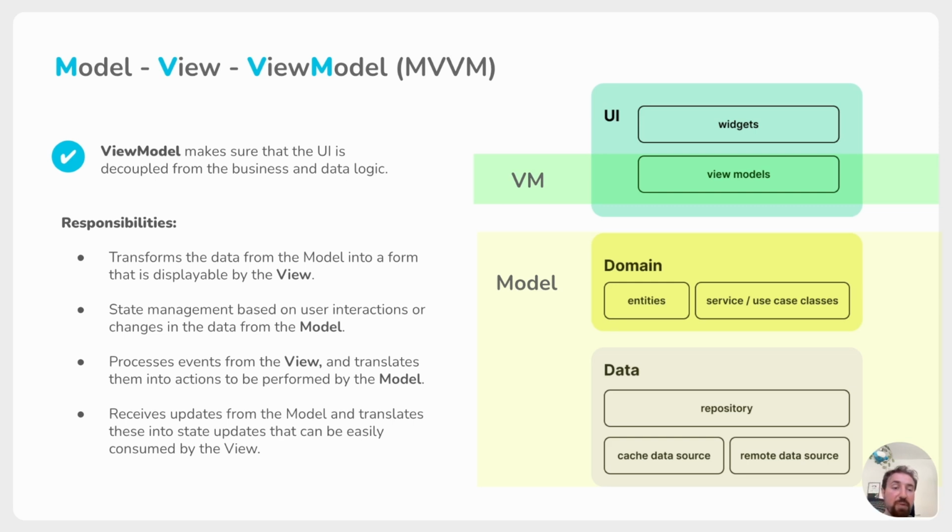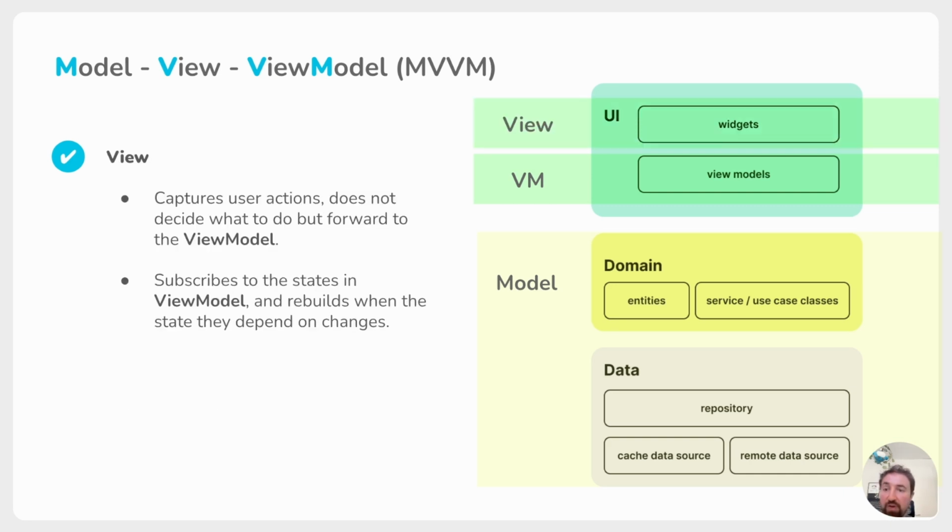These actions will be performed in the model. It also receives updates from the model and translates them into the state updates that are subscribed to by the view. Finally, the view captures the user actions and forwards them to the ViewModel. And it also subscribes to ViewModel state updates and rebuilds when the state changes.